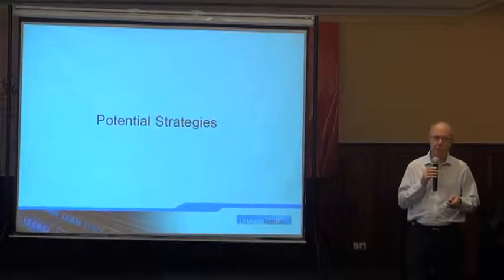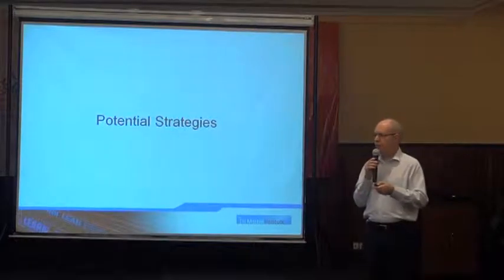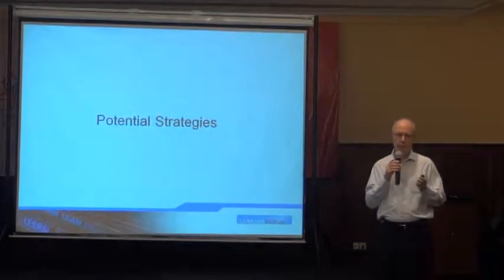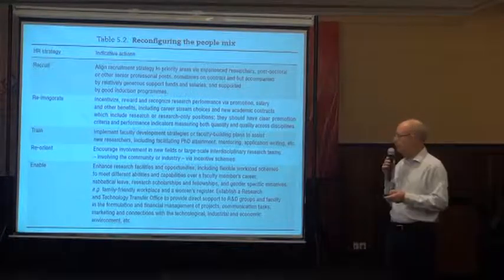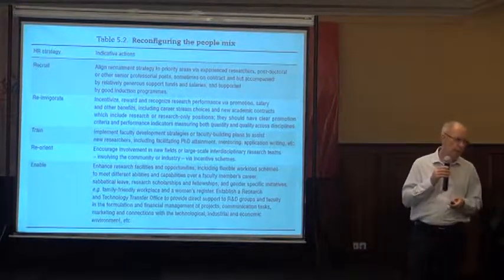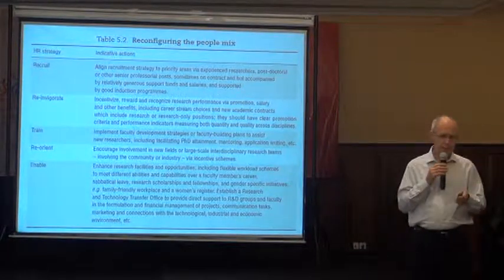Now, these potential strategies I've seen in use in various institutions, and what I'm drawing on here are some international publications which have identified things which many institutions do to try and improve research performance. There's a lot of words here, but I think you'll have access to these slides anyway later on.